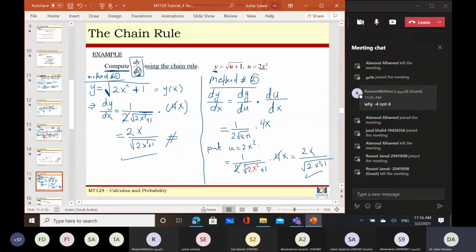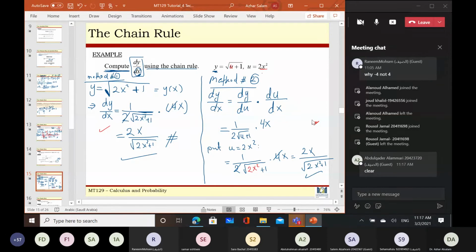هذه واحدة من الطريقتين. I think the first one for this example is easier, but maybe for other examples ممكن في أمثلة ثانية تكون الطريقة الثانية أسهل. Okay, it could be easier. واضحة الطريقة؟ Before we move on.